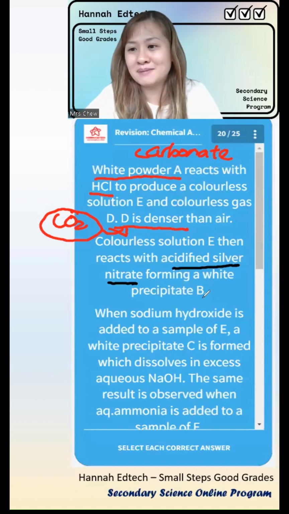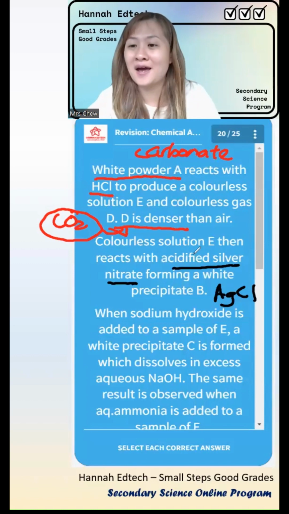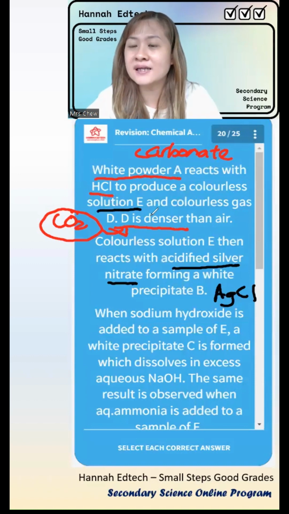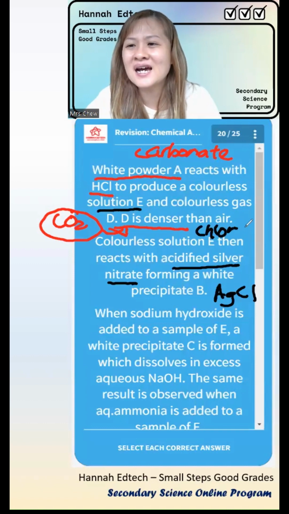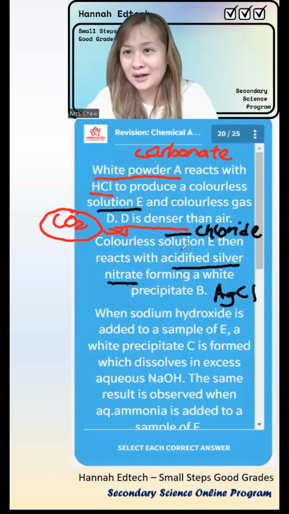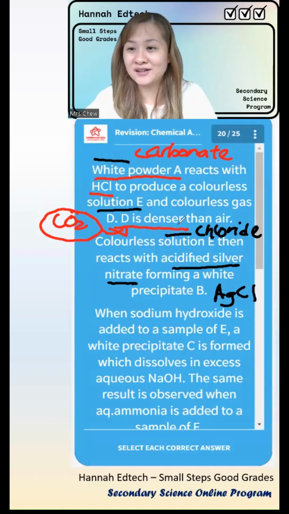Hence, this precipitate B is silver chloride. And E will have the presence of chloride. And this is definitely true because when a solution E is produced from hydrochloric acid, it definitely will be something chloride.